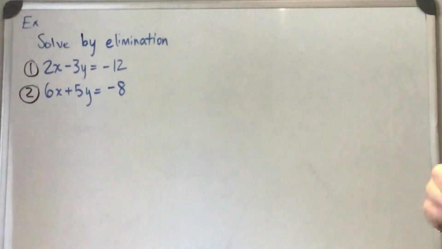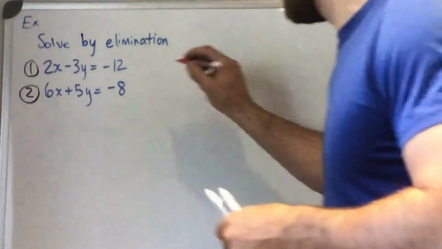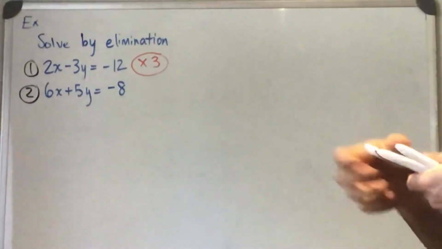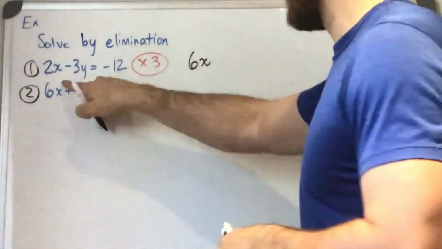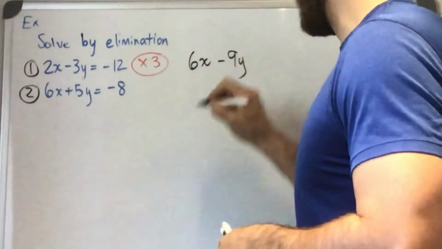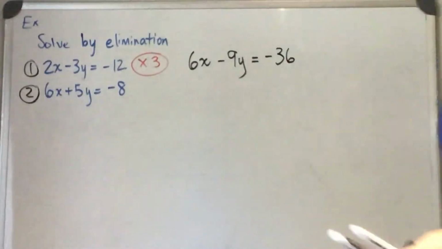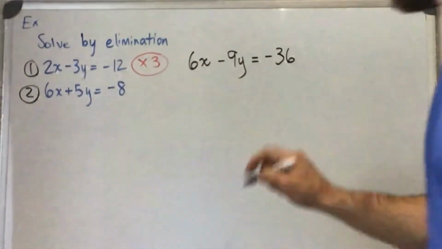It's a harder way to do it, so I'm going to choose an easier way. What if we multiply that entire first equation by 3? That would give us 6x, negative 9y, and negative 36.